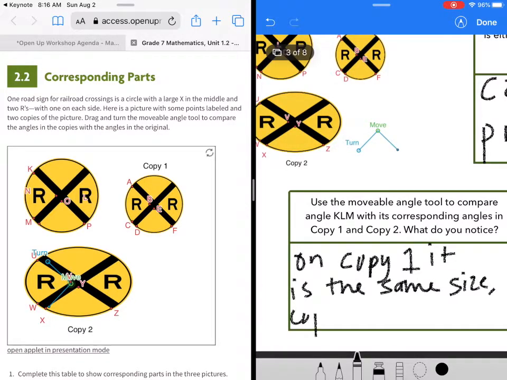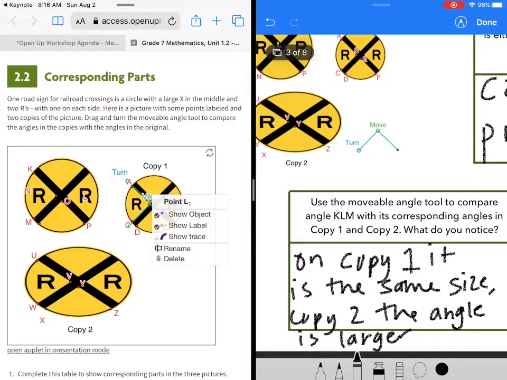Copy 2, the angle is larger. And I want to bring your attention back. So even though the lines extend past, the mouth, the opening of the angle is exactly the same size. So that's kind of something important to keep in mind.